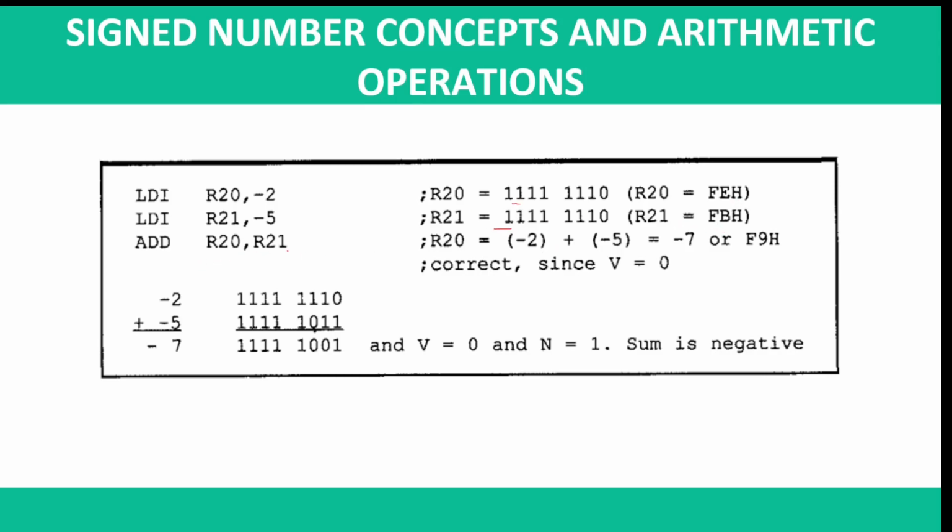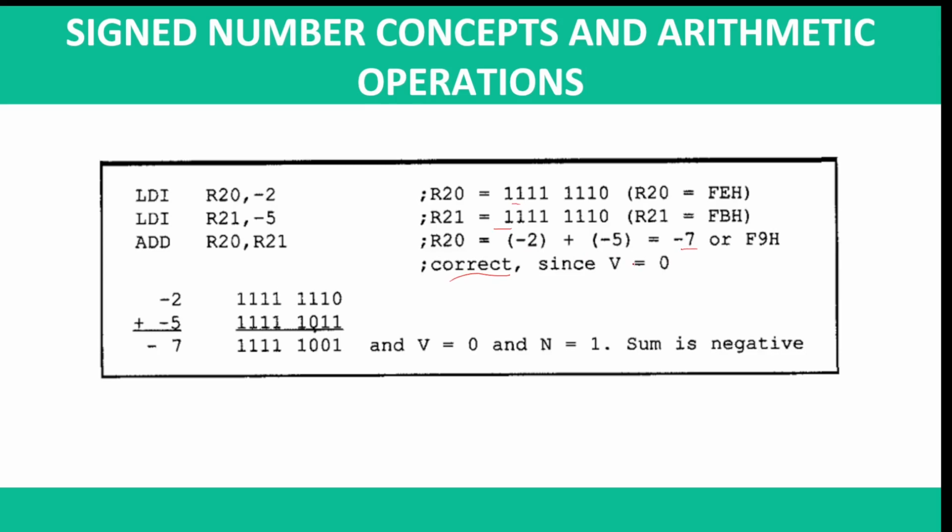And adding them together, we have negative 2 plus negative 5 is equal to negative 7 or F9H. This is correct since the first condition is, if they have the same sign, then the result must have also the same sign.